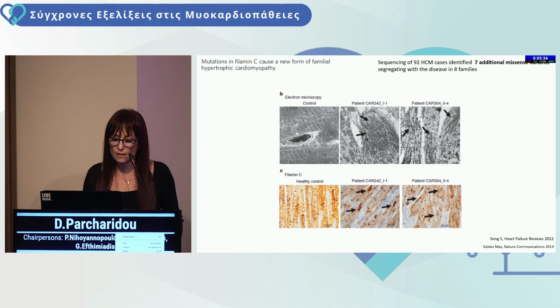But in the hearts of the patients with a mutation, you can see the disarray inside the cell and the disorganization of the muscle fibers, and also you can see with the arrows some aggregates. And with the help of immunohistochemistry, there is an indication of Filamin C inside the aggregates.